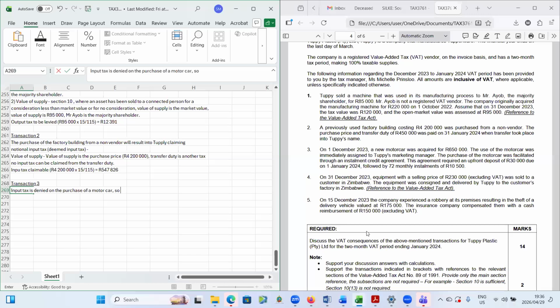So the vendor TAPI will not be able to claim input tax on the purchase of a motor car.